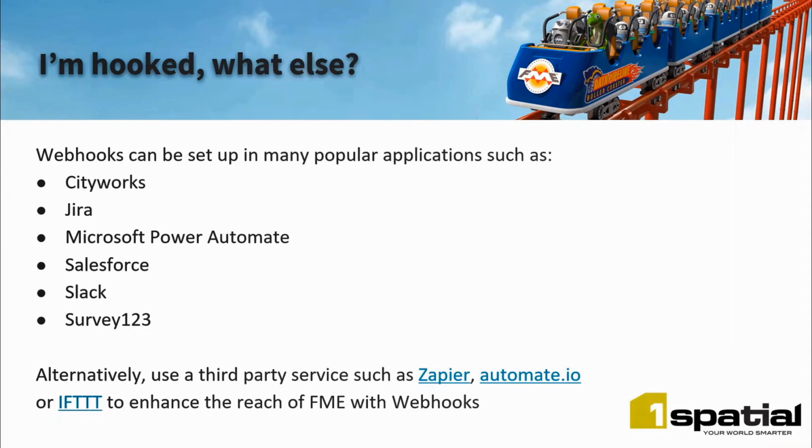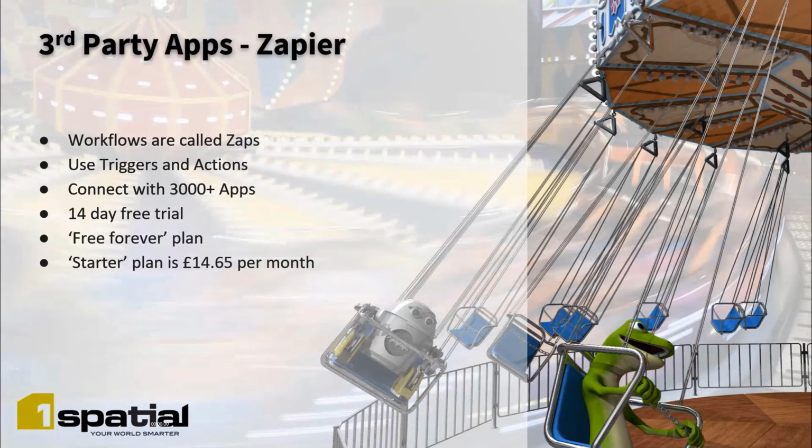A third-party service such as Zapier, Automate.io, or If This Then That can also be used to enhance the reach of FME with webhooks. One of these third-party apps, Zapier, aims to connect your apps and automate workflows. Sound familiar? I've used Zapier on and off for several years now and quite like the parallels with FME.